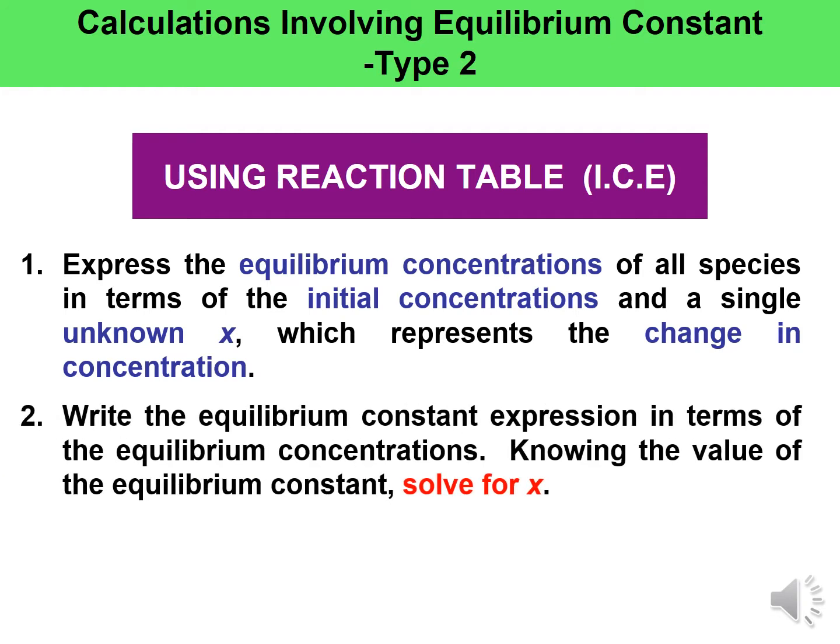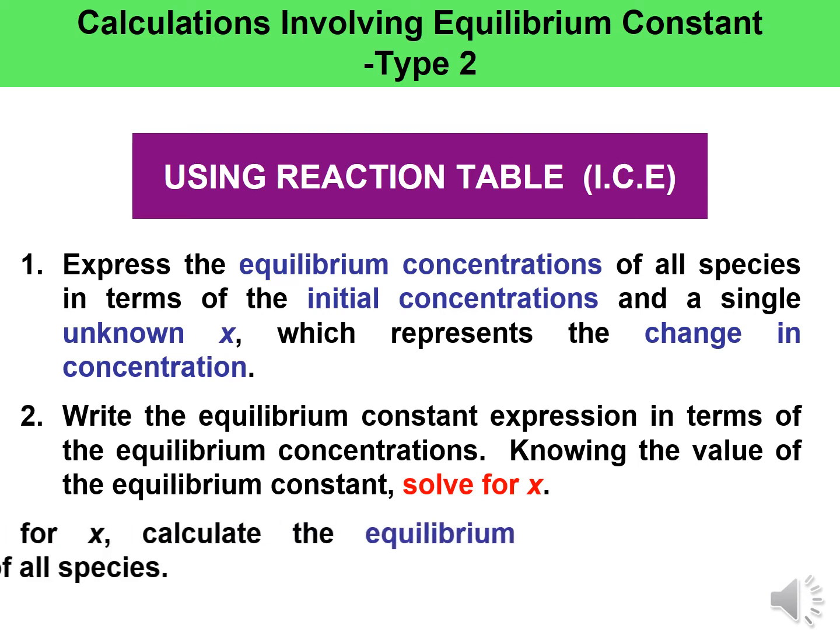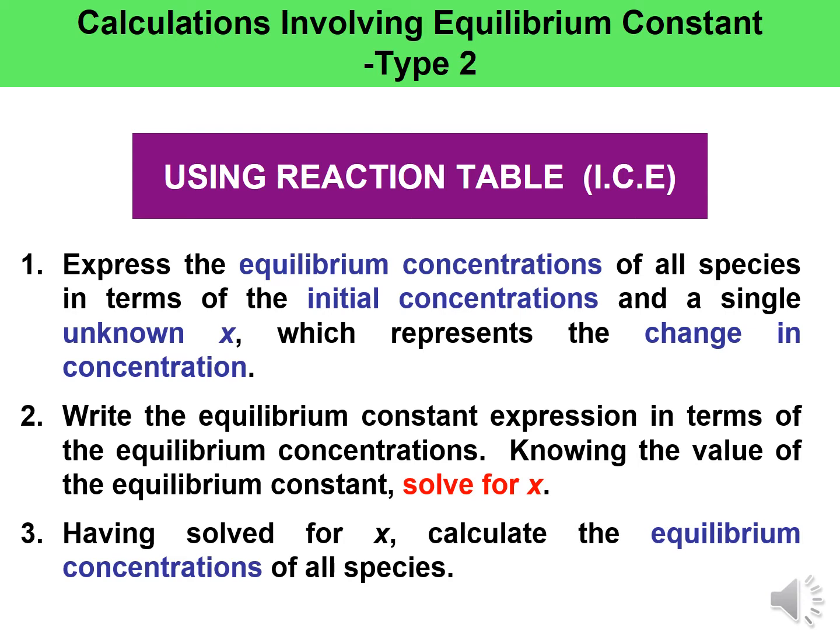Next, write the equilibrium constant expression in terms of the equilibrium concentrations. Then insert the value of equilibrium constant and equilibrium concentrations of all species into the Kc or Kp to determine the x value. After we determine x value, we can calculate the equilibrium concentration of all species.